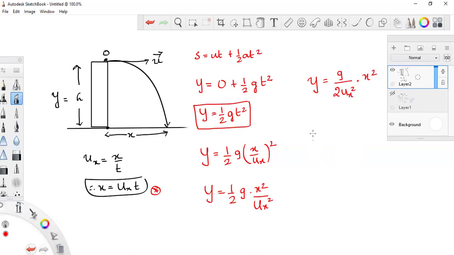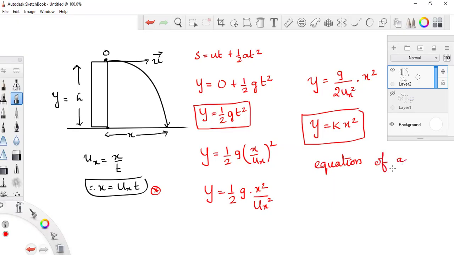This is of a general format, y is equal to kx square, which represents the equation of a parabola, where k is equal to g by 2ux square, the x component.